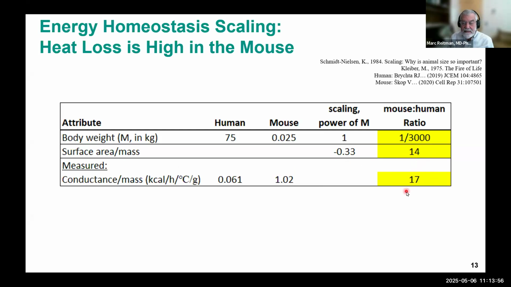So a mouse is a little radiator. And that is really one of the big reasons for such a difference in energy metabolism, because the mouse has to generate all this energy that it's losing just to stay warm.